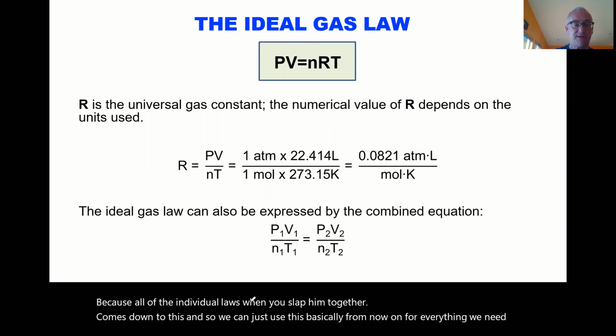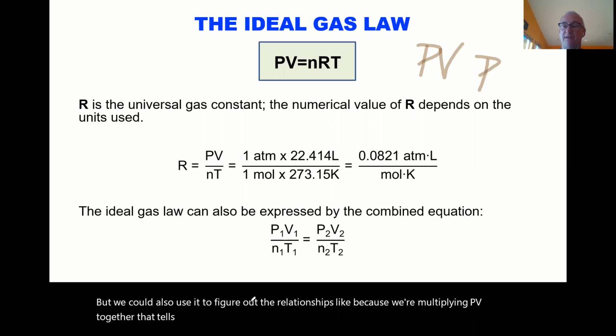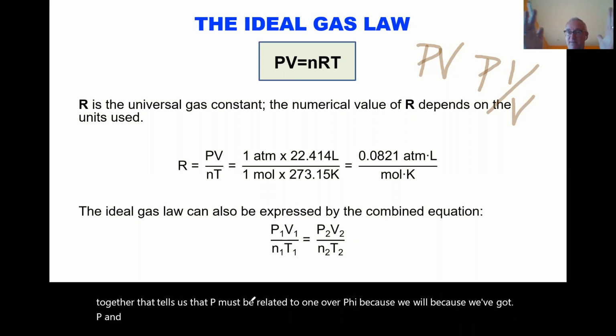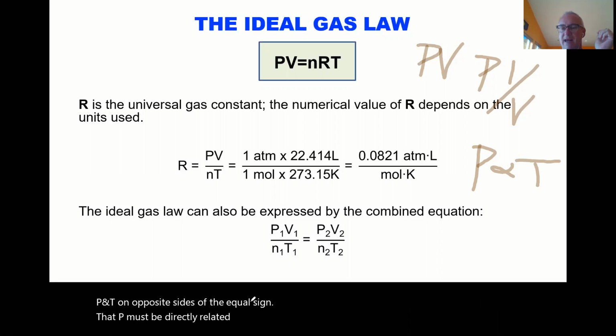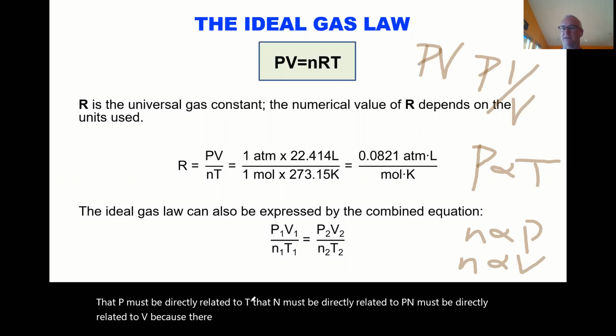But we could also use it to figure out the relationships. Because we're multiplying P and V together, that tells us that P must be related to 1 over V. Because we've got P and T on opposite sides of the equal sign, P must be directly related to T, N must be directly related to P, N must be directly related to V, because they're on opposite sides of the equal sign.